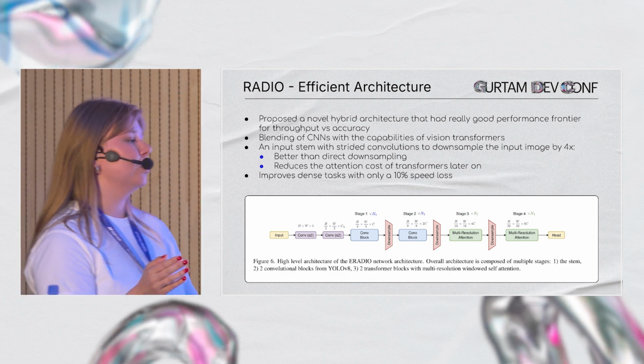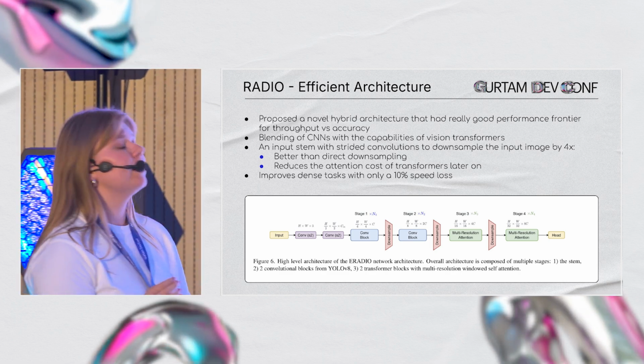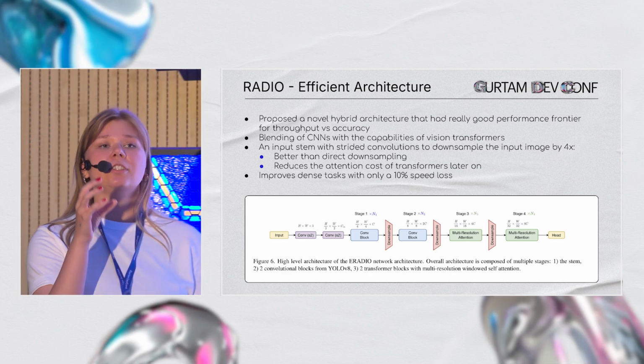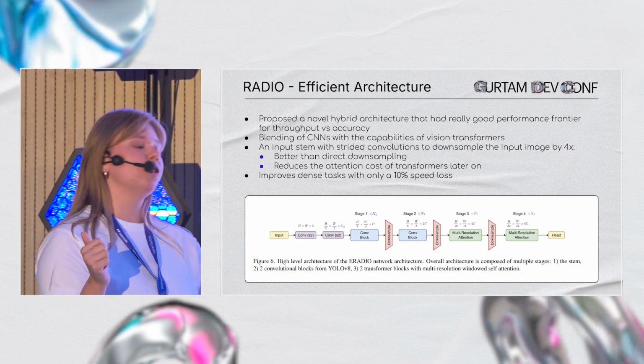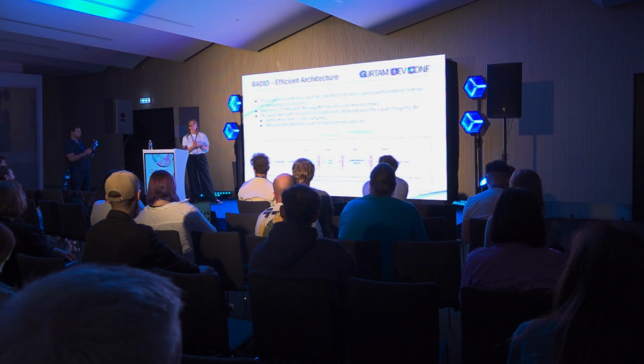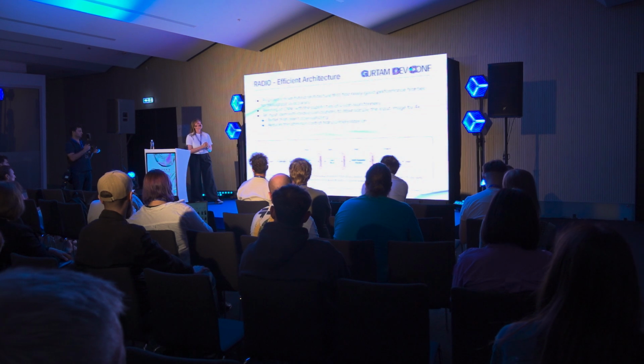So they had those convolutional layers in the beginning, reducing the size of the input data, and then they were feeding that reduced data to transformers. And because of the downsampling of the data, transformers became not that memory demanding after all.